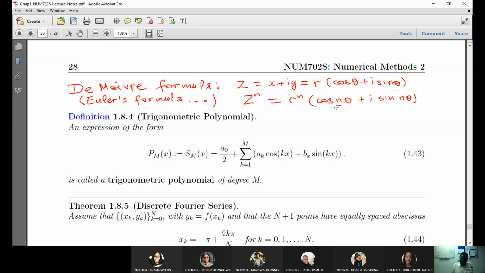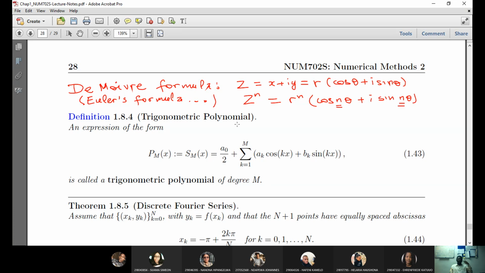So this multiplication of the angle by n is like a power of z. It is reflected there. That is to confirm that this indeed is a trigonometric polynomial. Is that clear now?